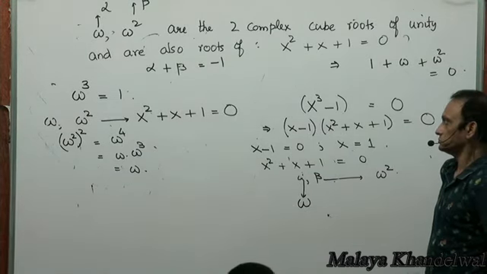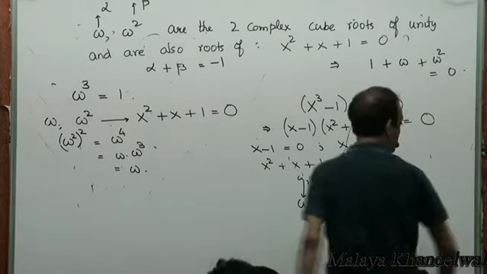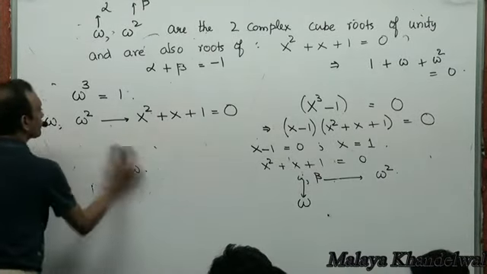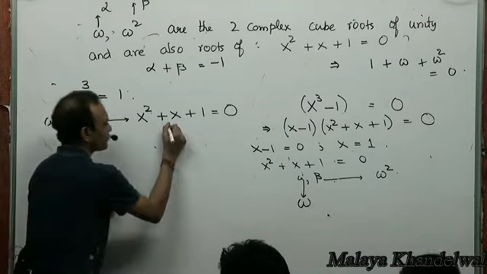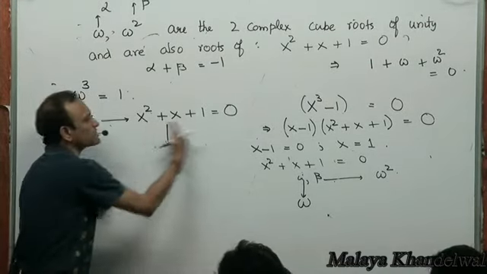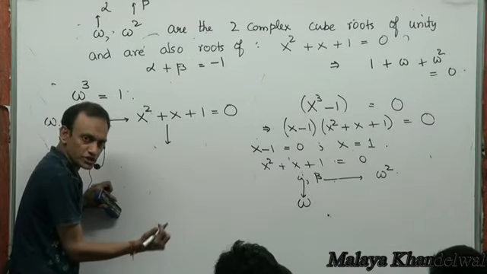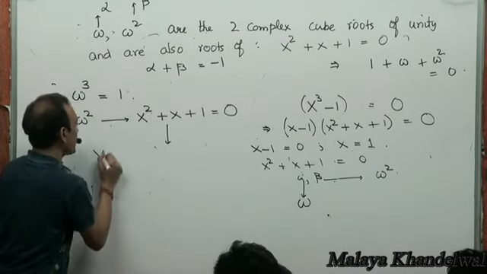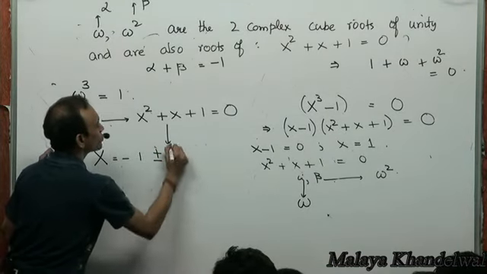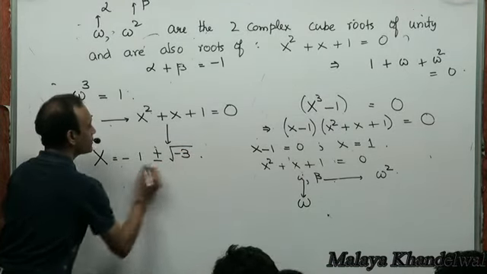Clear? Now, what are the two roots of this? The omega and omega squared, I can solve this equation using Sridharacharya's formula. So x is minus 1 plus minus root of minus 3, by 2a.